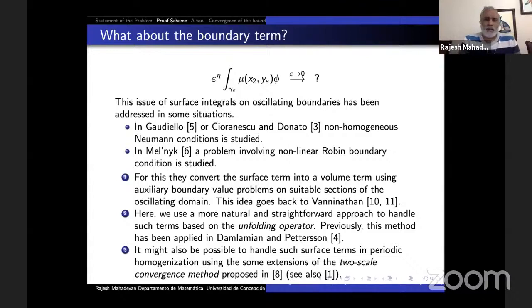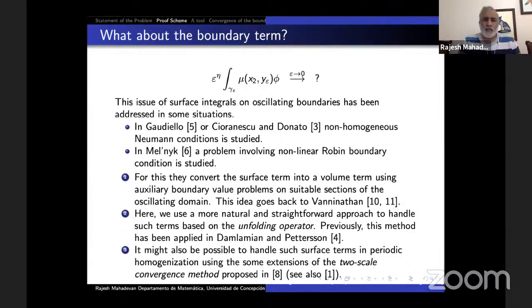Some of this kind of problems has been studied previously in a paper by Gaudiello in Ricerche di Matematica, and also in Chechkin, Donato, and for non-homogeneous Neumann conditions. It has also been studied for a nonlinear Robin condition in Melnik.